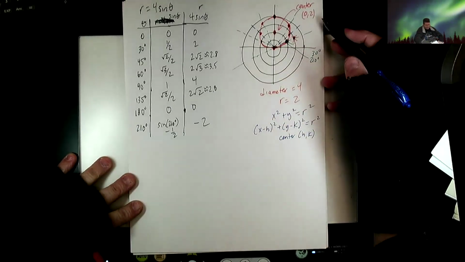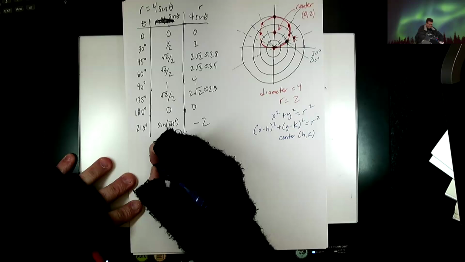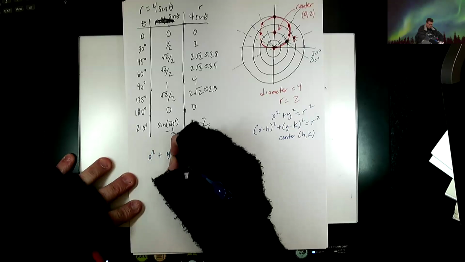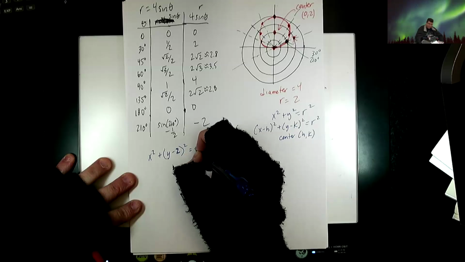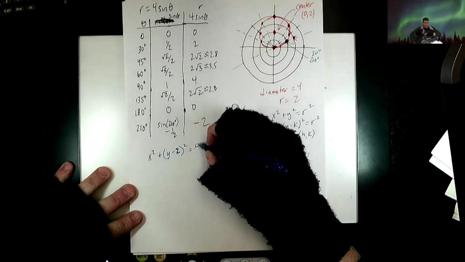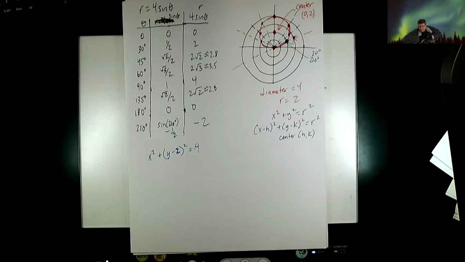So if I think the center is 0, 2, I have x squared plus (y minus 2) squared equals r squared, which is 4. If I switch to polar, what do I get?